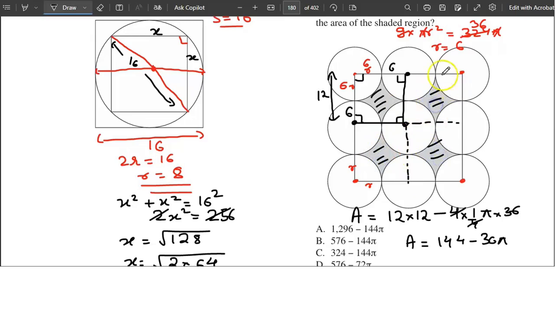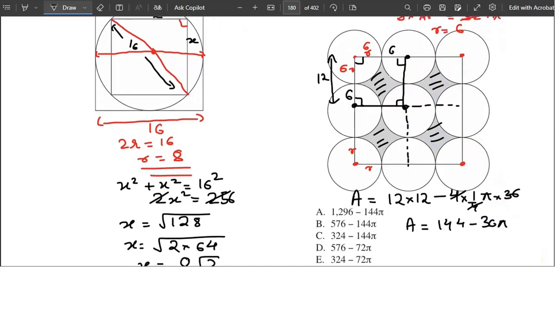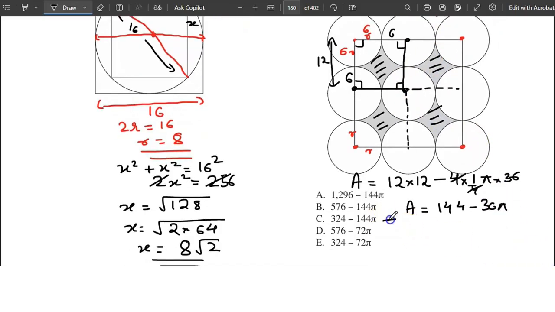All of them will have the same area because the circles are concentric. So the total area will be 4 times this area. So that would be 144 into 4, that is 576, minus 36 into 4, that is 144 pi. So the correct option is B.